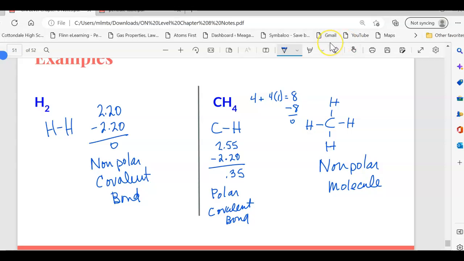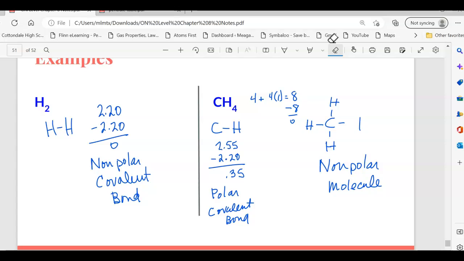Now, you don't have to write this, but let me show you something. If we had a different molecule, and instead of an H right there we had a Cl, this would be a polar molecule because everything is not identical around it.